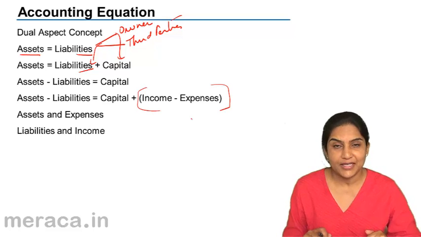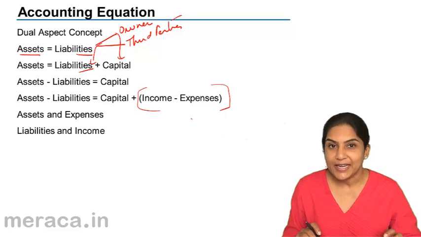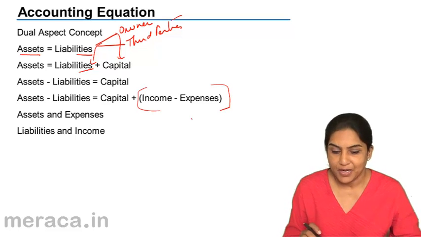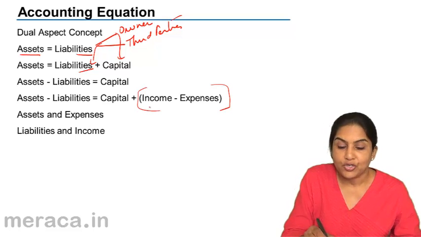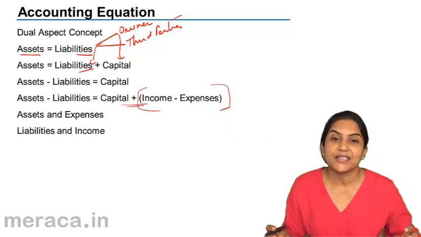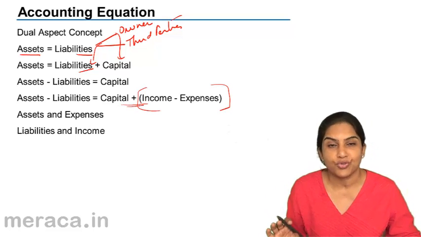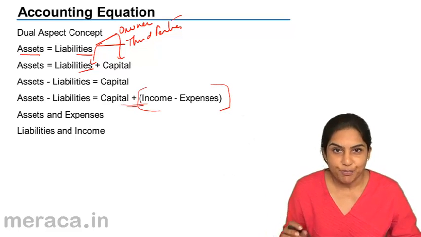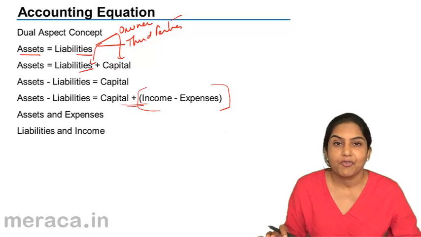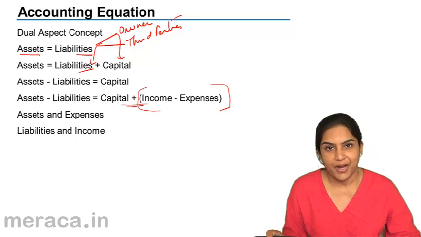So whatever profit or income is made belongs to the proprietor. It will be added to the capital, because capital is nothing but what the business owes to the proprietor. Similarly, if there are expenses or losses, these would be deducted from the dues of the proprietor.